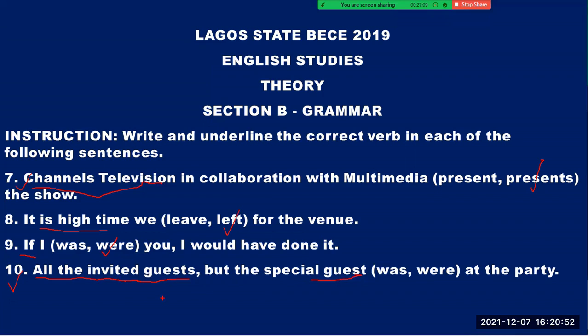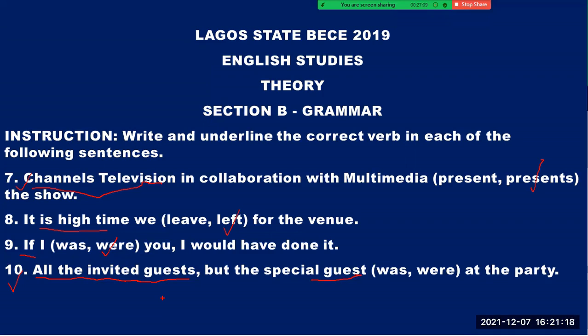And then when you examine the meaning, all the invited guests, but the special guest, which means the special guest wasn't there, but all the guests were there. But who are we really talking about? Those who were there at the party are the people we are talking about. The other one is but, so we are not so much concerned with them. The special guest was not there. And we are not talking about those who were not there.